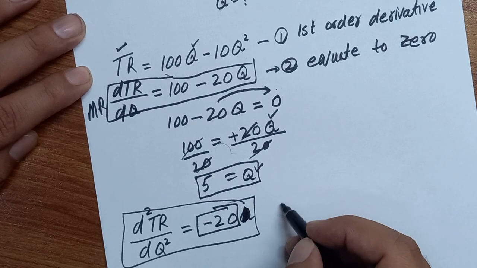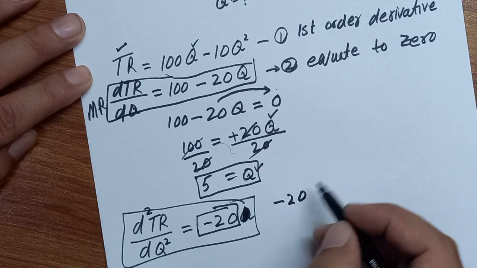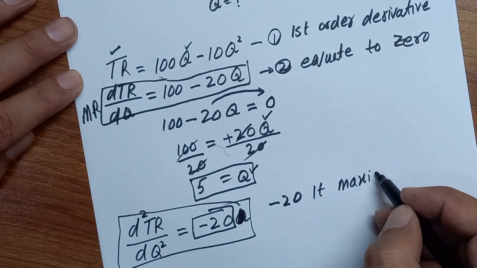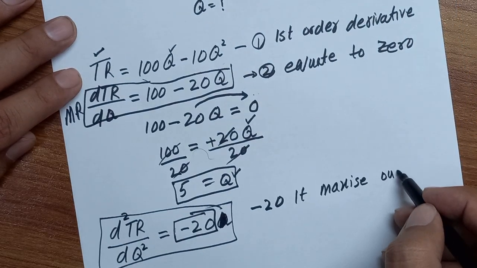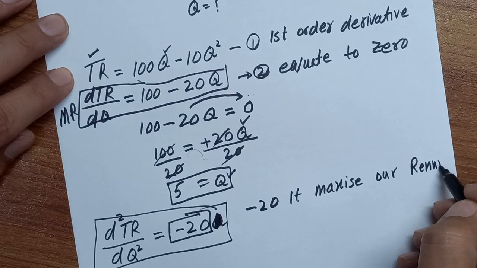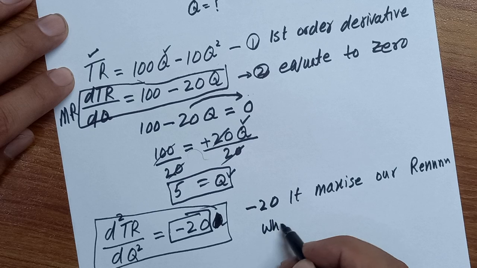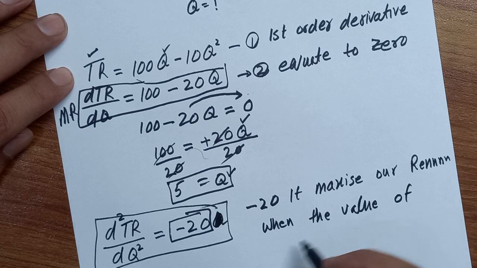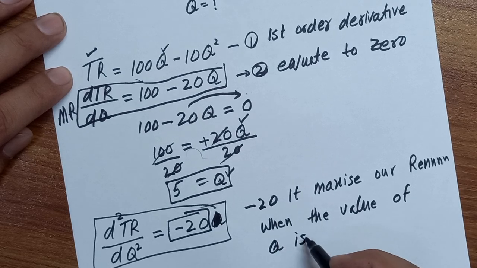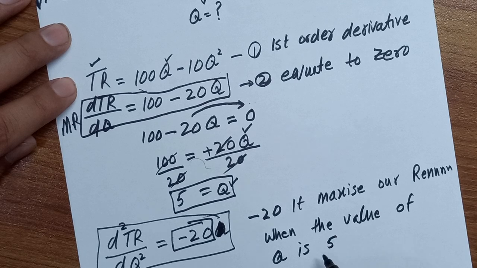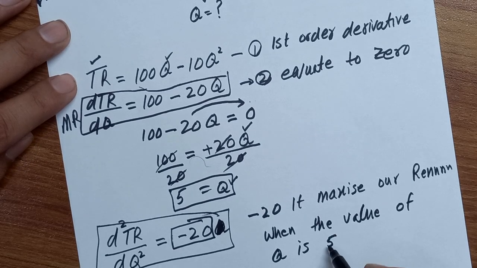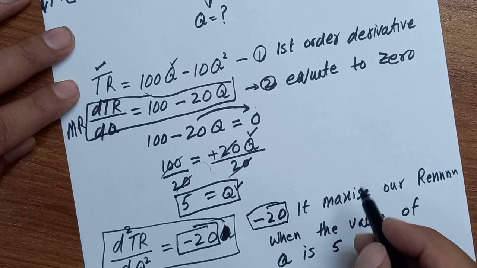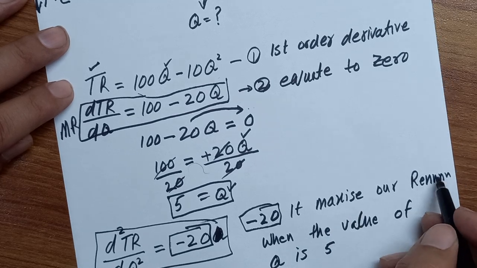So we can say that minus 20 maximizes our revenue when the value of q is 5. When we have the value of q as 5, it gives a negative result, and a negative result means it will maximize our revenue.